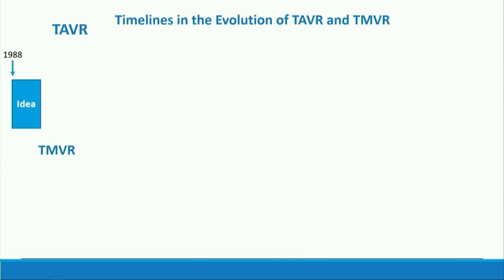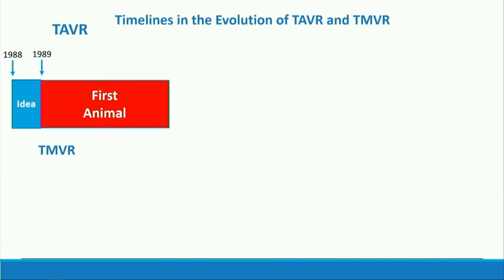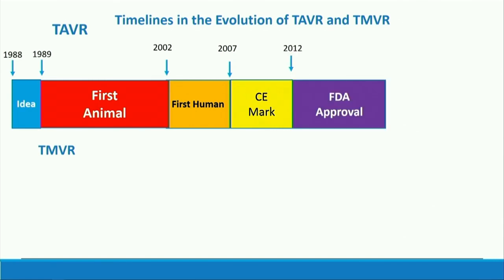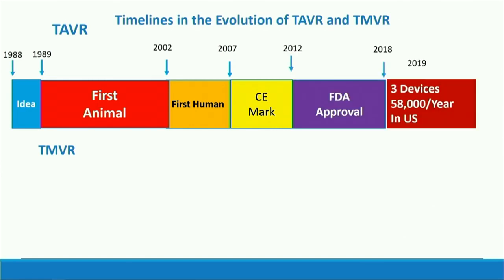Well, if we look at the timeline of TAVR, in 1988, the idea happened. In 1989, the first animal was done. 2002, the first human. 2007, received CE mark. 2012, FDA approval. And by 2019, there were 3 devices approved in the U.S., with 58,000 patients treated in 2018.